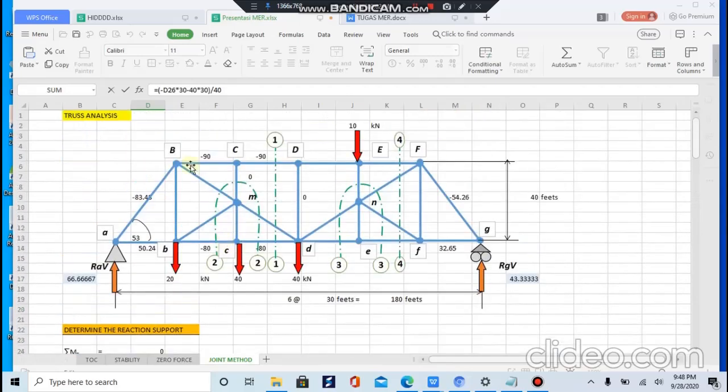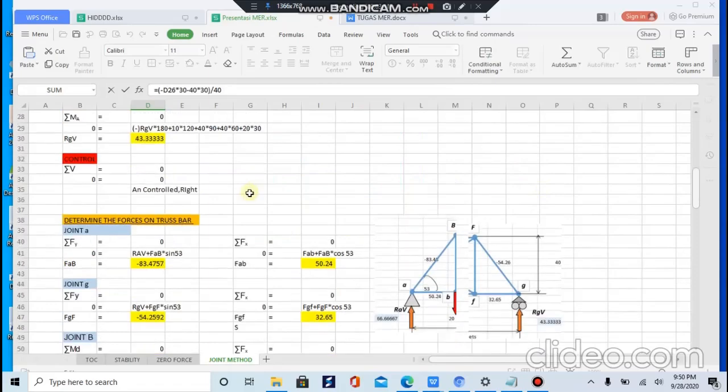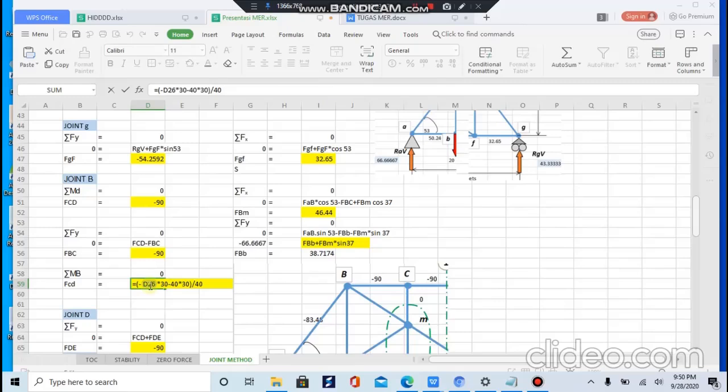This is point B, the moment, and it will be equal to RAV multiplied by the distance to B. So it's 66 times 3 times 30 minus 40 times 30. 30 is the distance from B to C, and divided by 40, the height of the truss. So FCD will be minus 80.